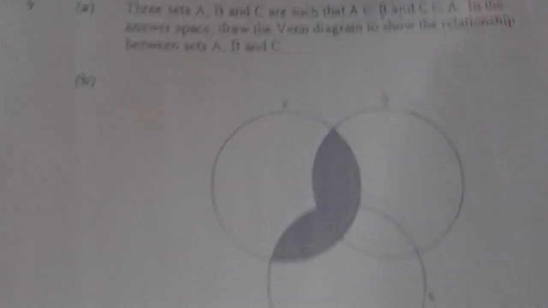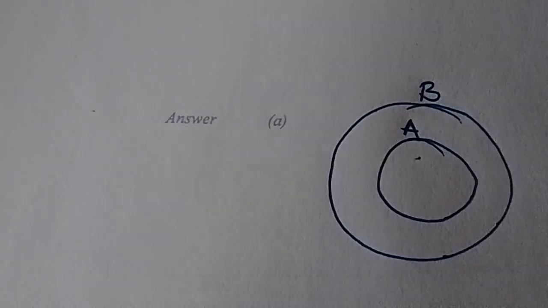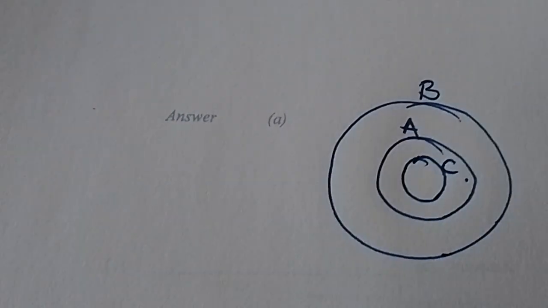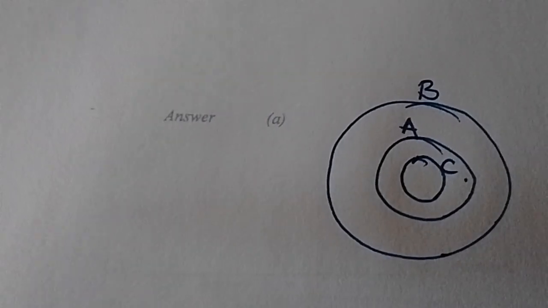Then we have C is a subset of A. So A contains C. So C is in A. There is our C. That's how we show the Venn diagram there.